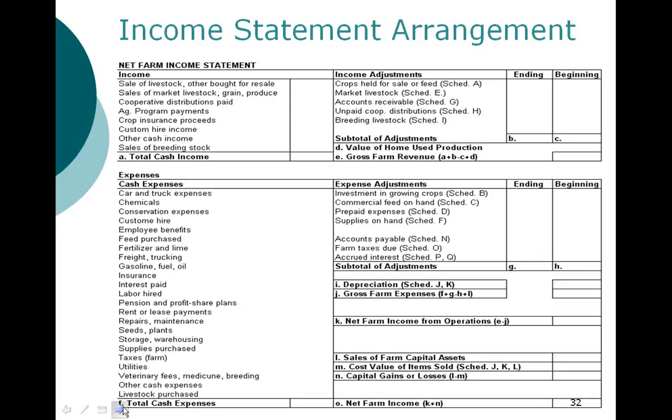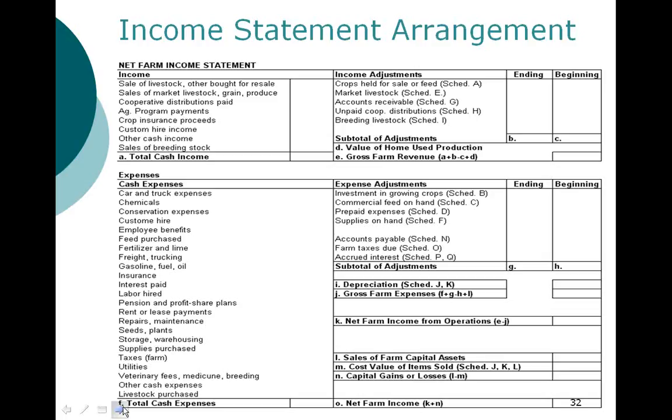You can get an income statement online, or you can see it in your textbook. And these income and expense adjustments are done through separate schedules, which adjust your different accounts. And this gives you the net farm income from operations, it actually shows farm income produced in that year from the operations of your farm or ranch.